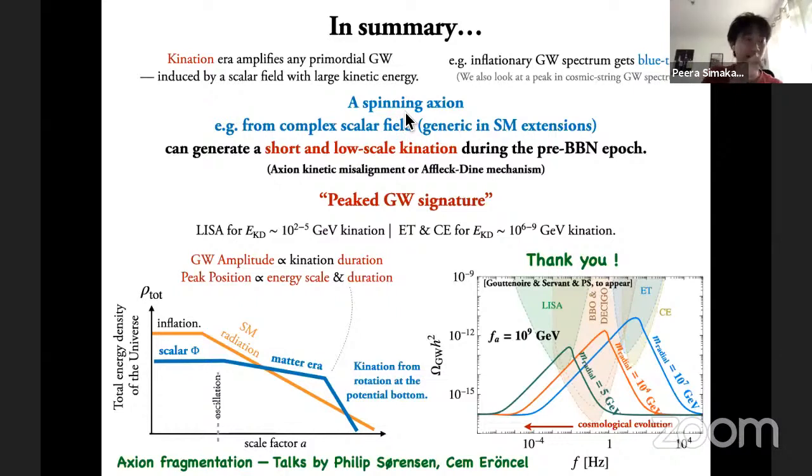After some time, the potential of the axion will turn on and it will oscillate, and it could behave like dark matter. If the mass of this axion is too large, then it will lead to overproduction of dark matter. But I think in the next talk, Philip will talk about how dark matter is produced from this kind of mechanism.